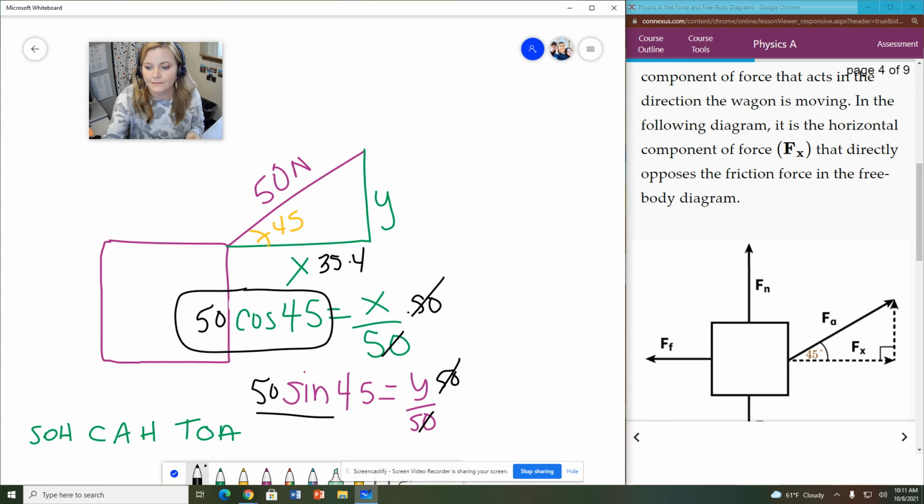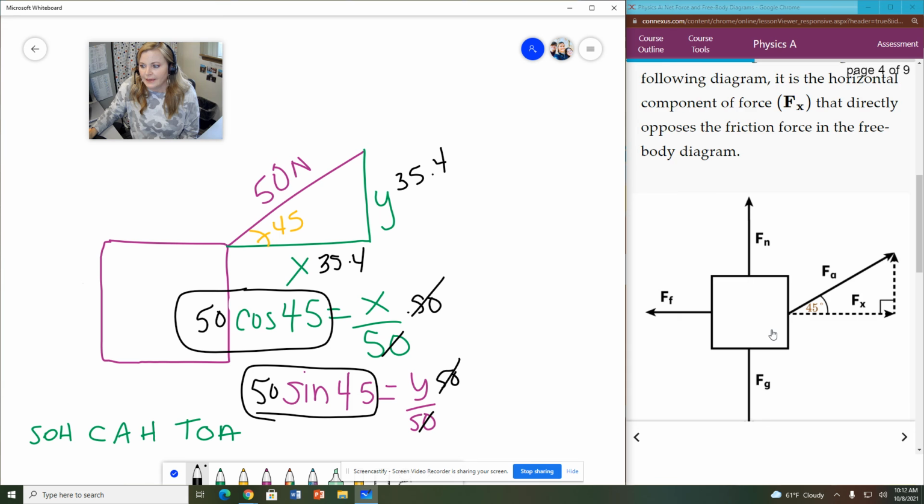And I have to figure out 50 sine 45. All right, so sine of 45 times 50. Oh, it's the same. I knew that already. So it's also 35.4. That's not always the case. It's just because we have a 45-degree angle here. And at 45 degrees, the sine and the cosine are the same.